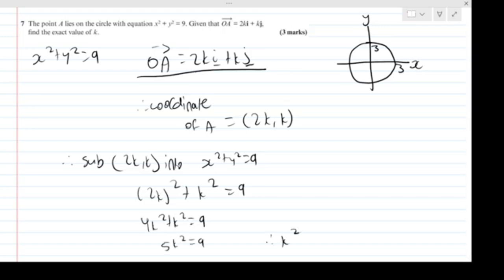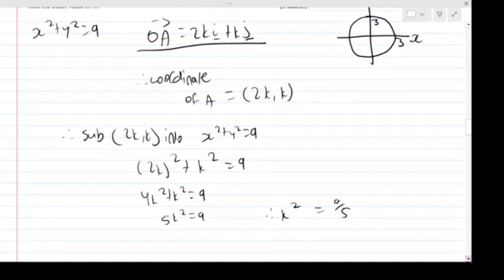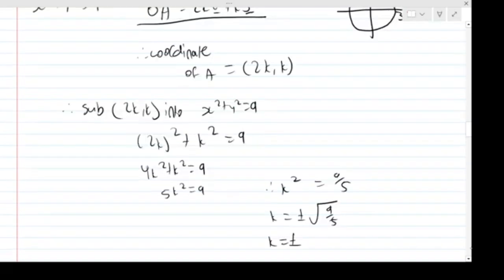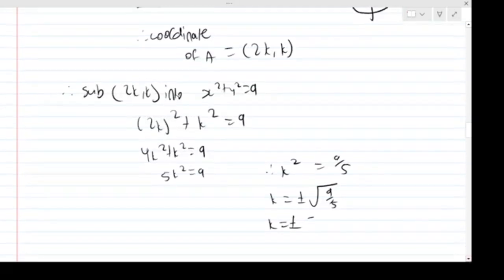Therefore, k squared is going to be 9/5. So then k is going to be plus or minus root 9/5. And that will go to plus or minus 3 root 5 over 5.